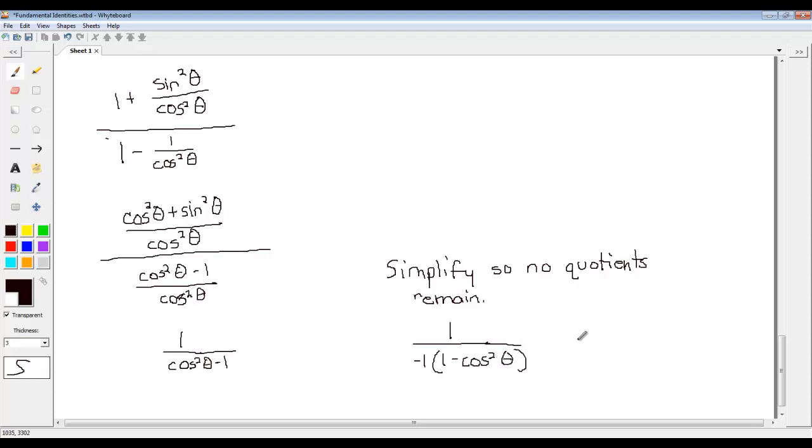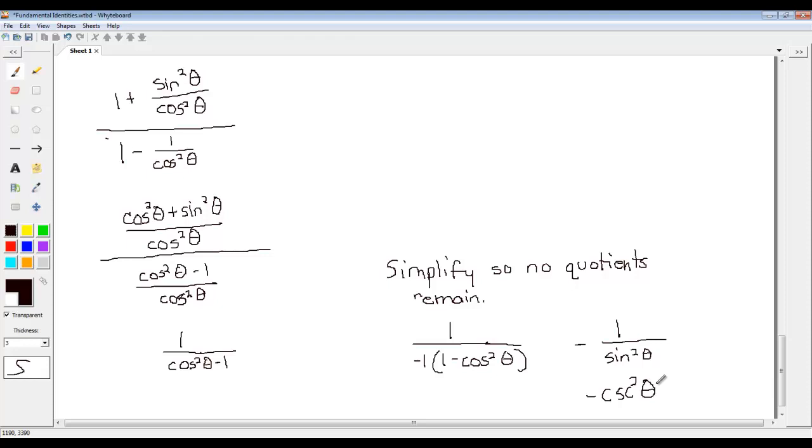So what you essentially have is negative 1 over sine squared theta, right? And then that's negative cosecant squared theta.